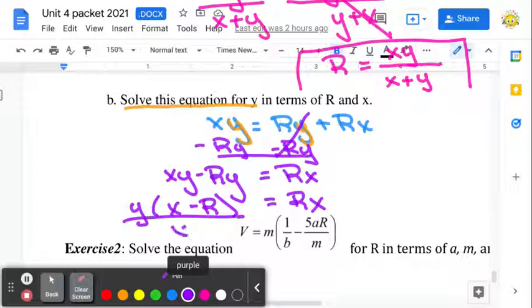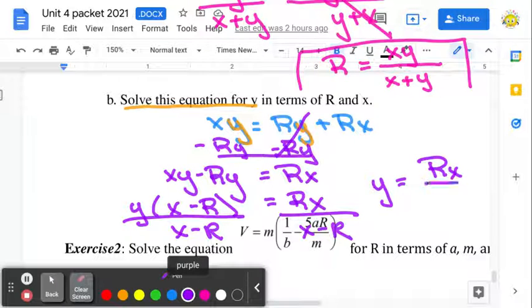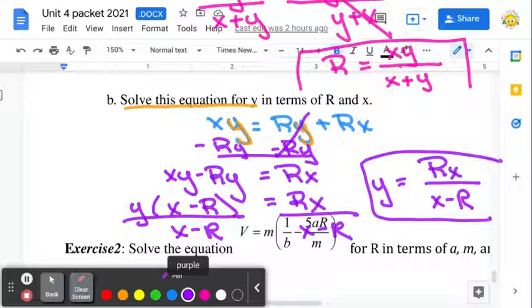Divide both sides by x minus r. And what you have left, y equals rx over x minus r. Not easy, but that's okay. We're not going to quit. We're going to keep trying.